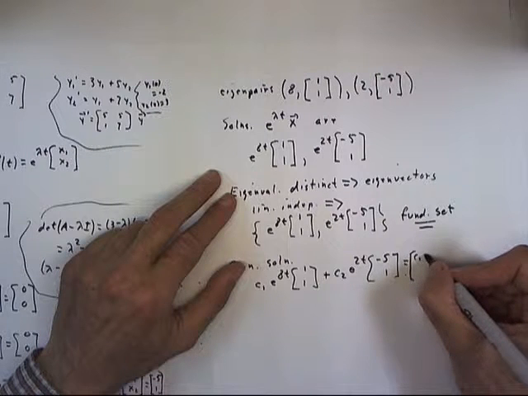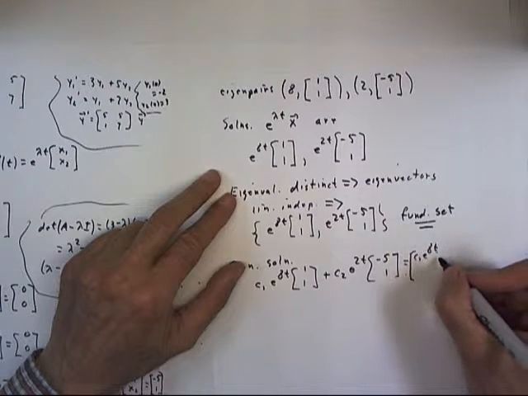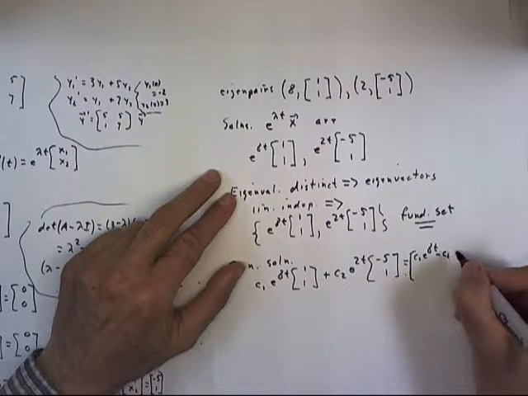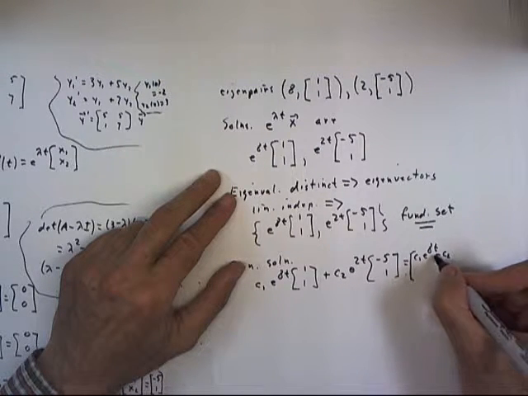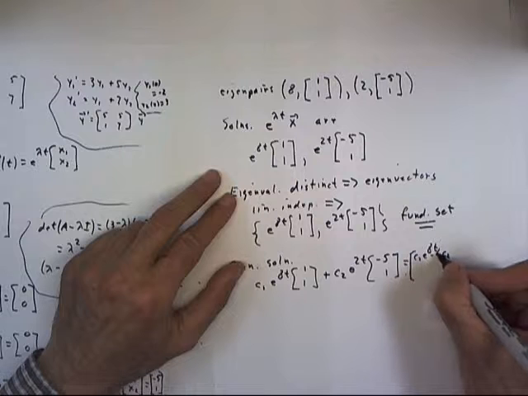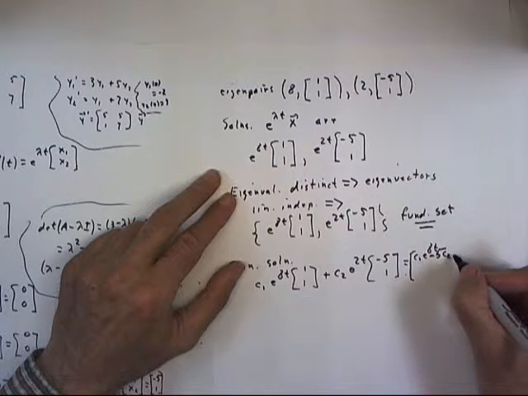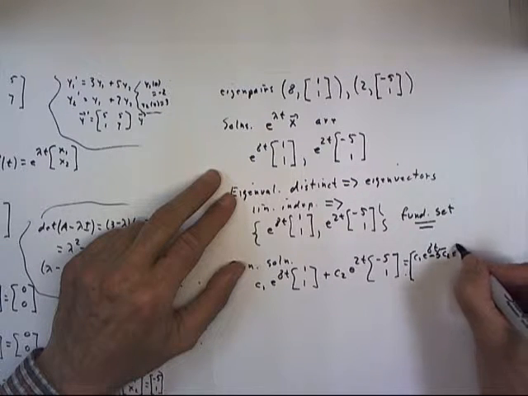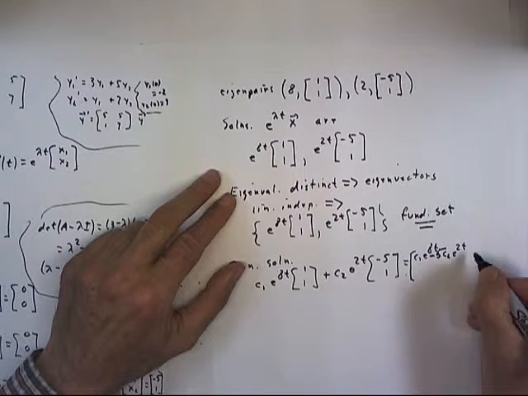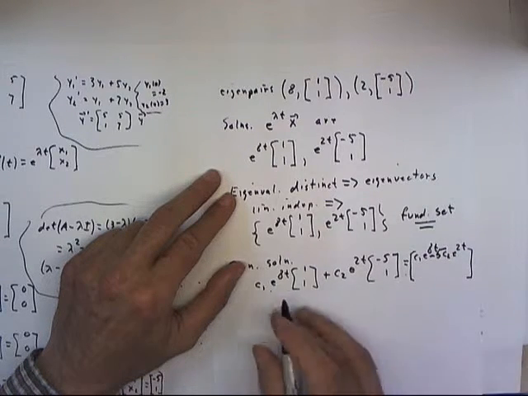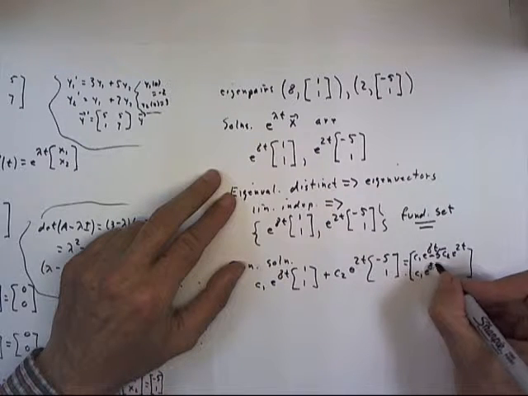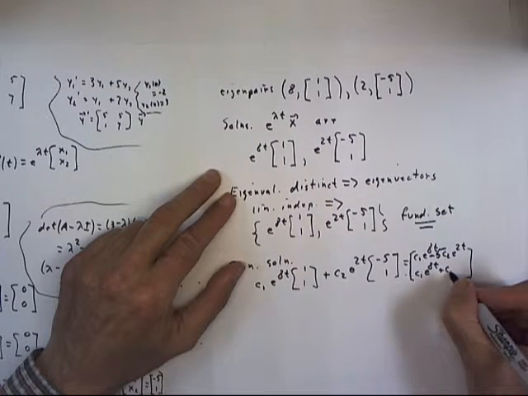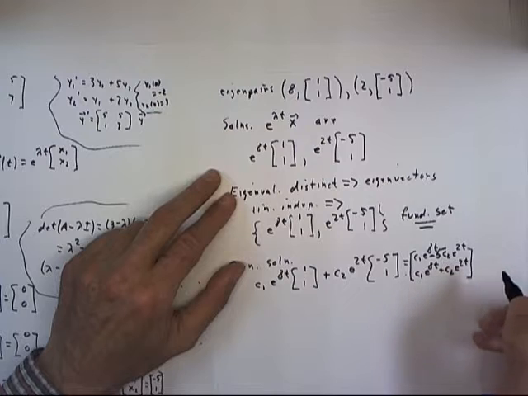That's C1 e to the 8t minus 5C2 e to the 2t, and C1 e to the 8t plus C2 e to the 2t. Doesn't look great.